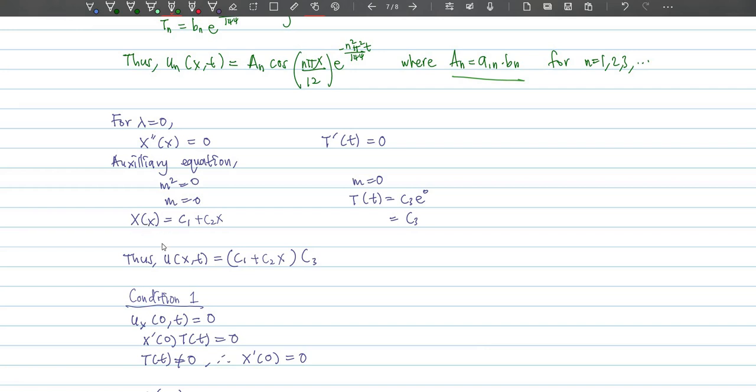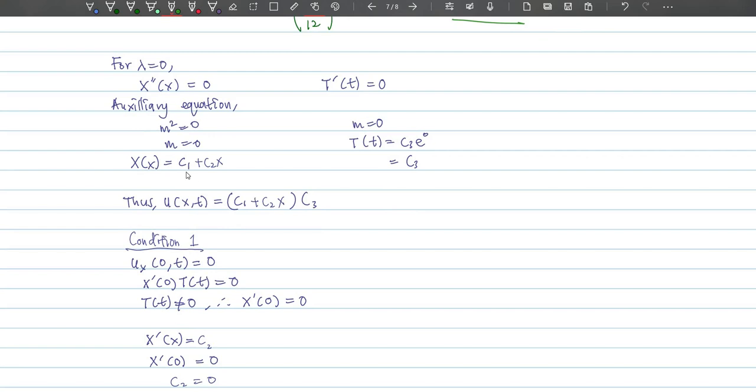So we have X(x) equal to c1 plus c2 x. And for T, we have T'(t) equal to 0, and therefore m equal to 0. Here we have T(t) equal to c3 exponent 0, which means T(t) equal to c3. Thus u(x,t) would be c1 plus c2 x multiplied with c3, because X(x) times T(t).